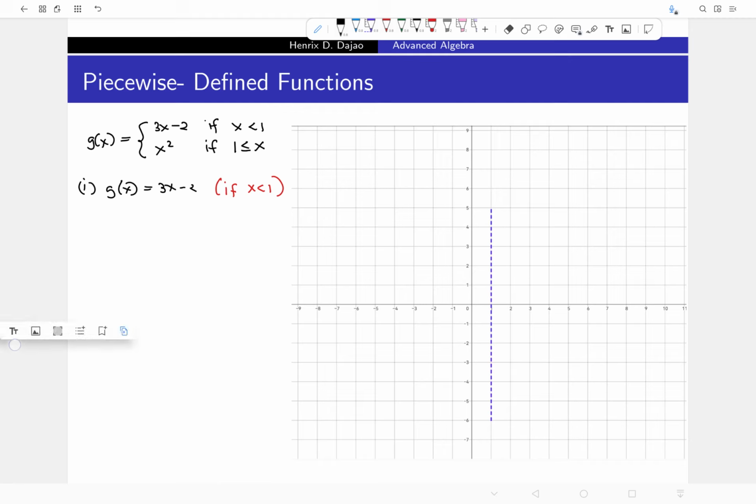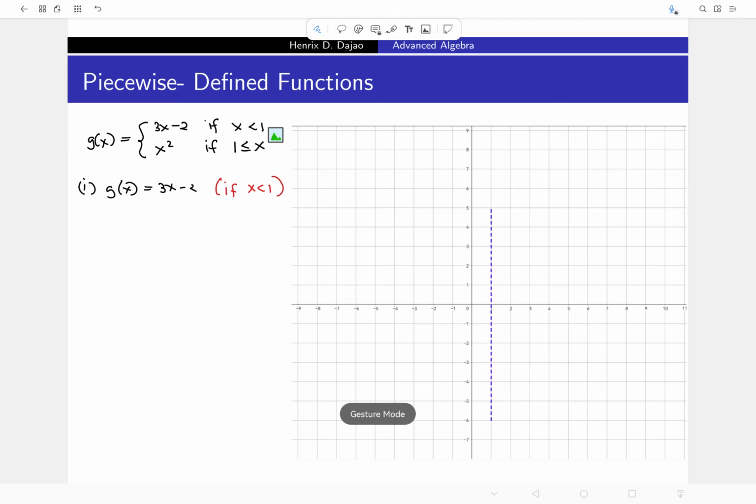So since that's a line, we need only 2 points. Now I suggest that you pick a point in the boundary and pick another point somewhere in the domain of our function g. So let's say I pick first 1.